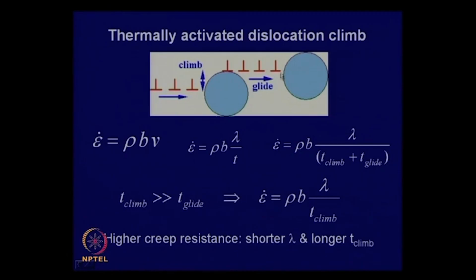Similarly, you need a large volume fraction of precipitate. Large volume fraction means a smaller distance, where lambda is the interparticle distance, so smaller interparticle spacing. So, you need shorter interparticle spacing and larger precipitate.